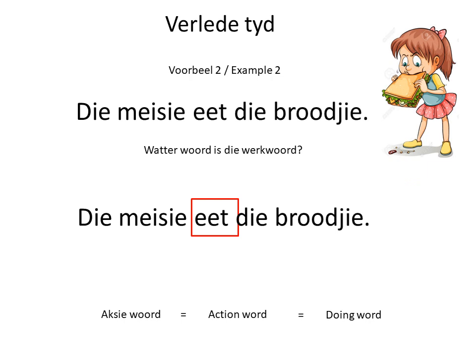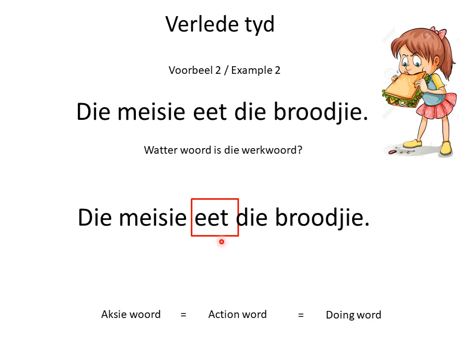Another example, die meisie eet die broodjie. The girl is eating the sandwich. We ask ourselves, watter woord is die werkwoord? Which word is the verb? The answer is eet.